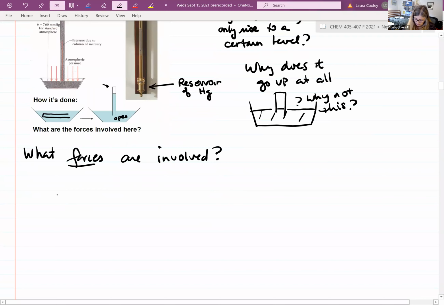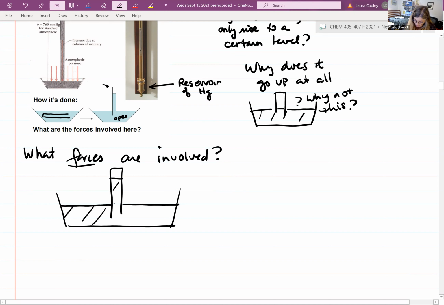Okay, so if I draw my mercury in the pan, here's the inverted cylinder. Obviously, I'm not making it high enough, but that's okay. And I have a certain level in here. What's going on is that the atmospheric pressure is pushing down on the mercury in the pan, and that is causing the mercury to go up.